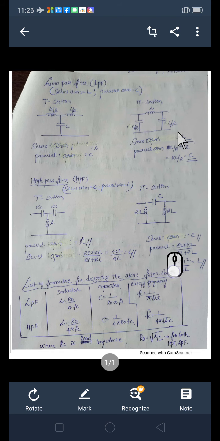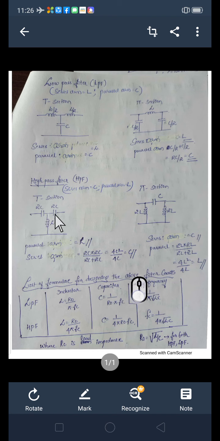This is the high pass filter. Here it should be a total C, here it should be a total L. To get total C from this section, the capacitors are in series. How do we take the effective value?